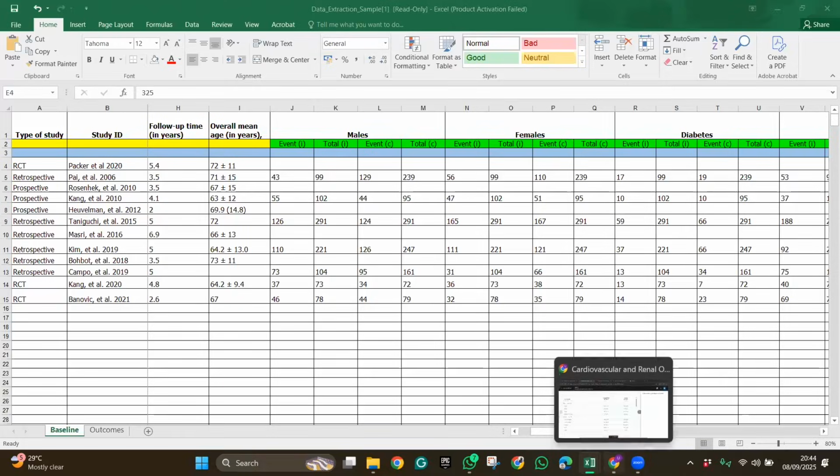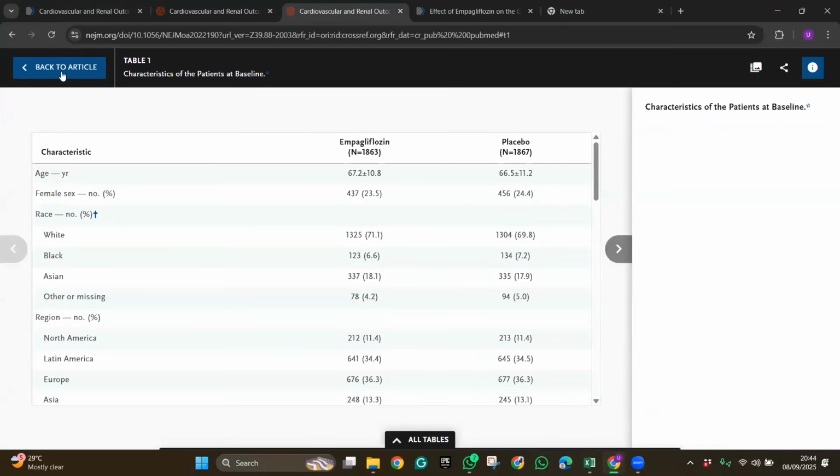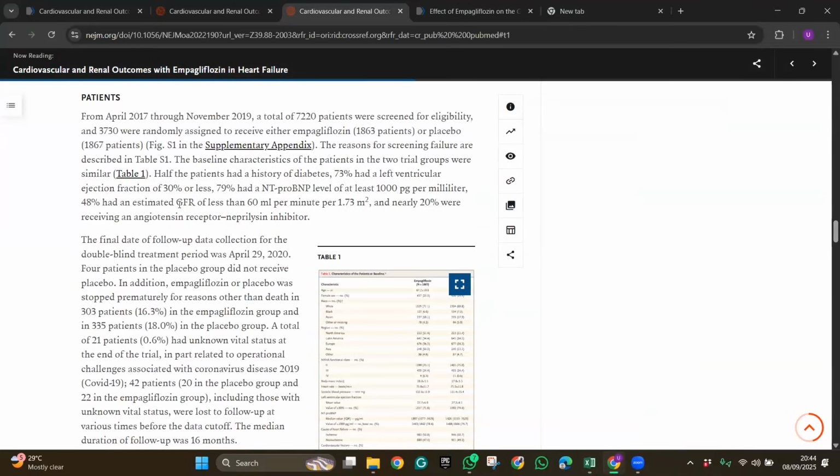So in this study, wait, let's see what is the follow-up time here. Okay, the study started in April 2017 to November 2019.